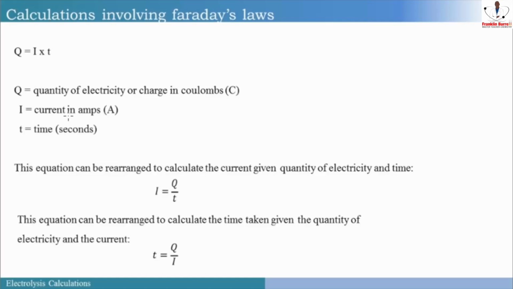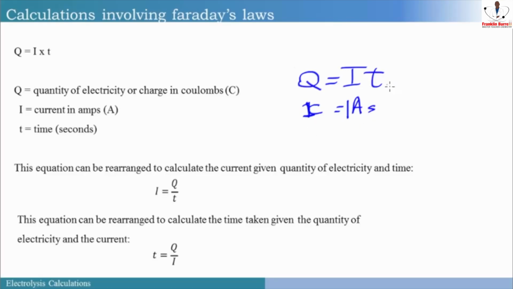Current, I, is in amperes, and T, time, is in seconds. So 1 coulomb is equal to 1 ampere second. So another unit for coulomb is really ampere second, as you can see here.